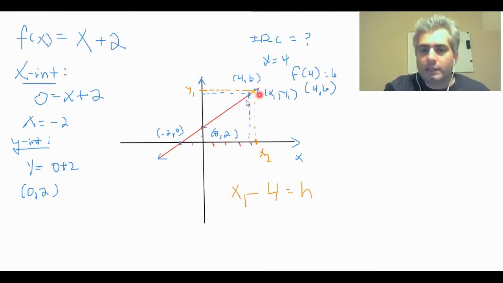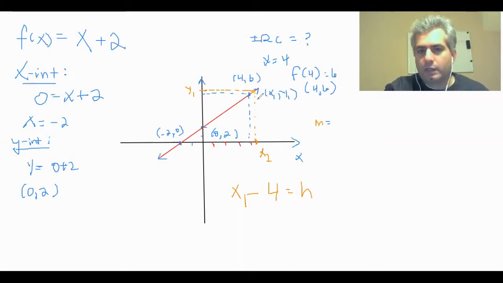So now let's calculate the slope between these two points. One is an arbitrary point, (x1, y1), and the other is the point of interest we know. Let's find the slope, and we follow the formula: y2 minus y1 over x2 minus x1.